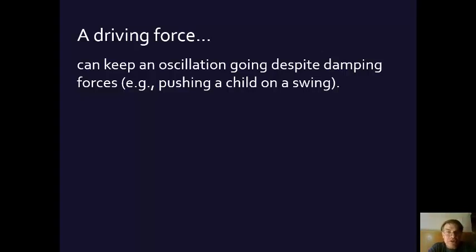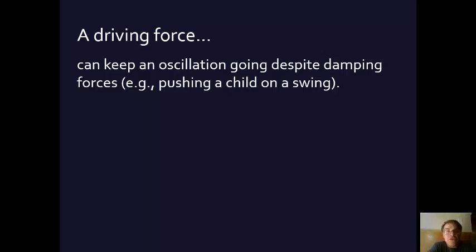Most of us have pushed someone in a swing, or if we've been in a swing ourselves, we know that we just learn how to move our feet at just the right time to increase our amplitude as we're swinging. Or if you're pushing someone in a swing, you know that there's that sweet spot where you push them at just the right time and you get a maximum amplitude.